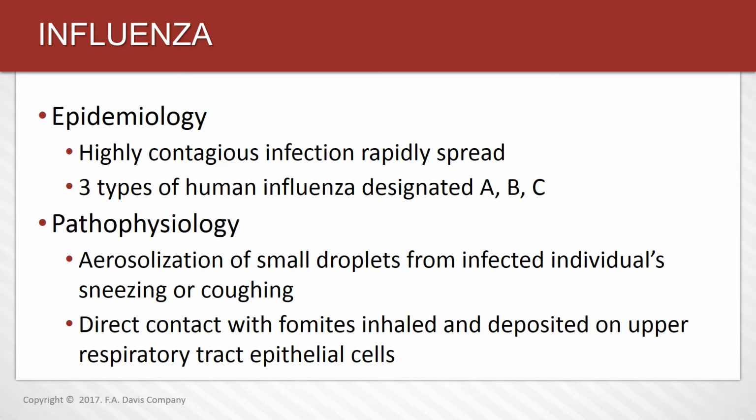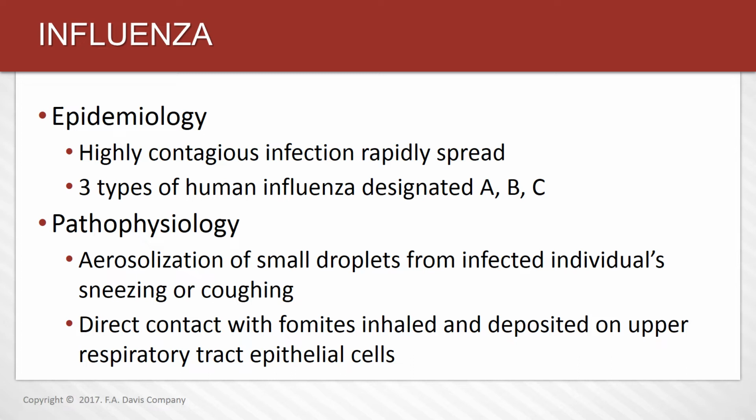Influenza A and B are responsible for the epidemics and endemic respiratory illnesses that occur most during the winter months, often associated with increased hospitalization and death. Influenza C typically causes either no symptoms at all or just very mild respiratory illnesses.